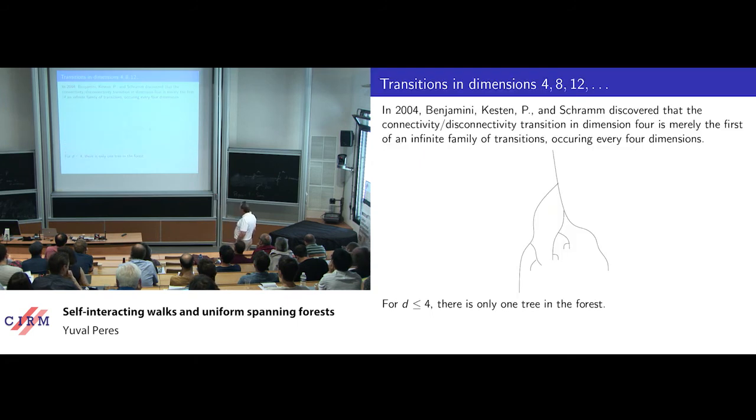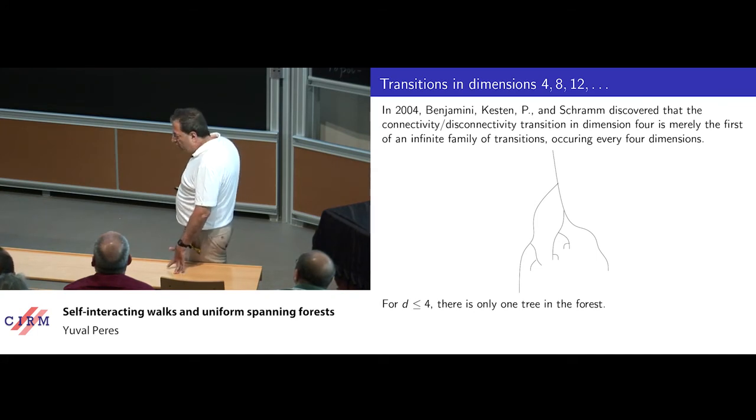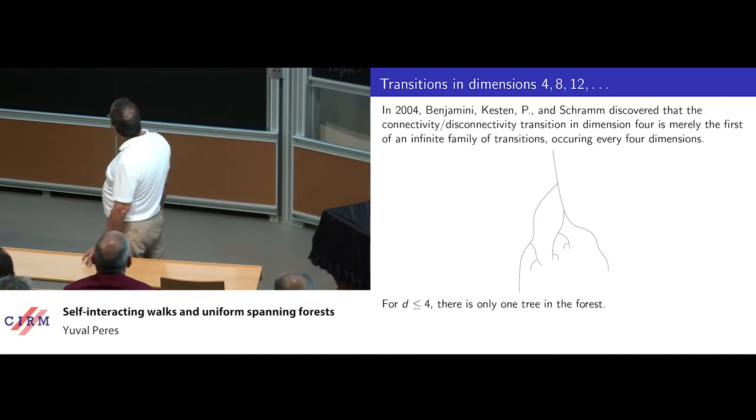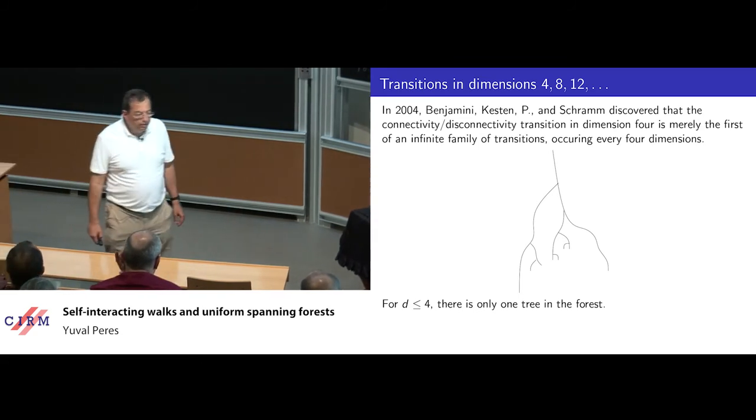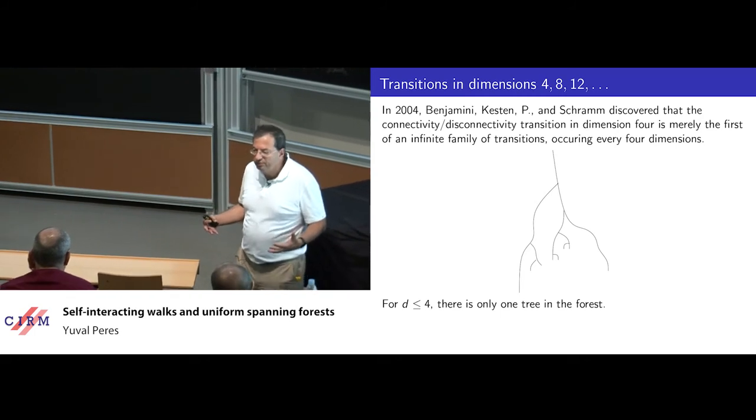Okay, so let's go back, since the clock is running. Let's go back to the structure of the forest. And I want to tell you about one more result with Itai Binyamini, Harry Kesten, and Oded Schramm, which looked at Pimentel's theorem and said, look, in dimension 5, Pimentel tells us there are infinitely many components.